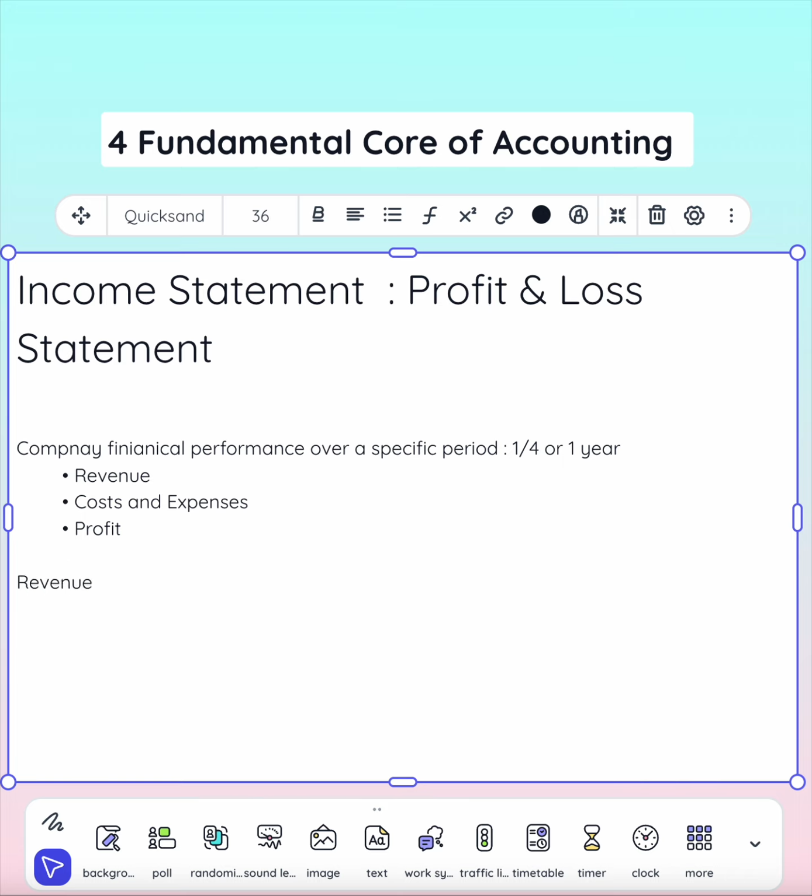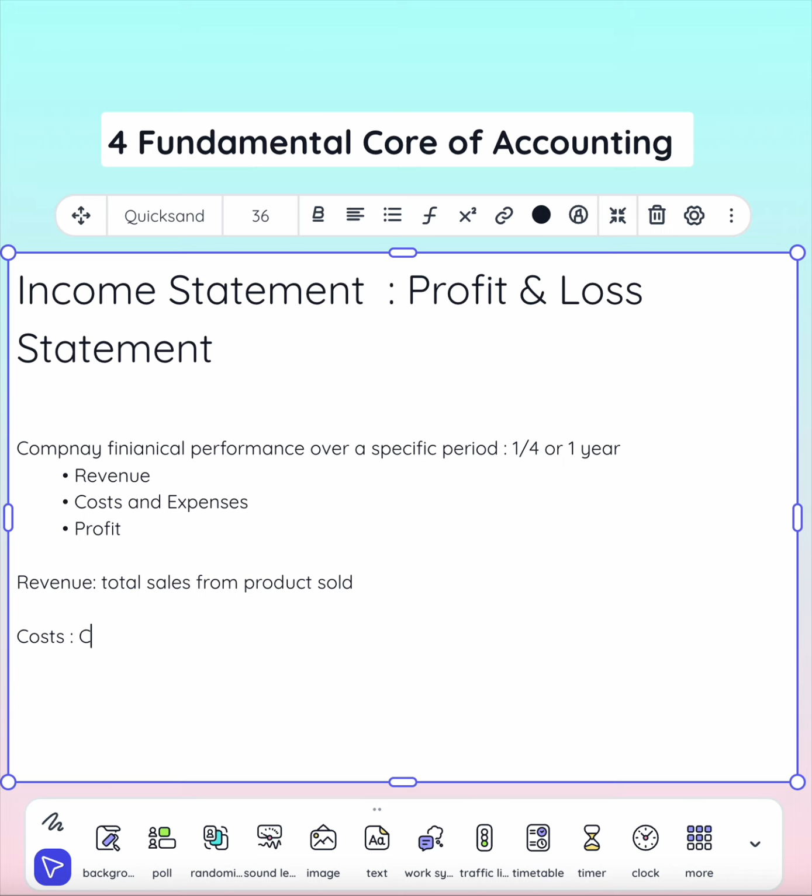Revenue is the total amount of money a company earns from its primary activities. For example, for a retail store, revenue is the total sales from products sold. Now let's talk about costs.